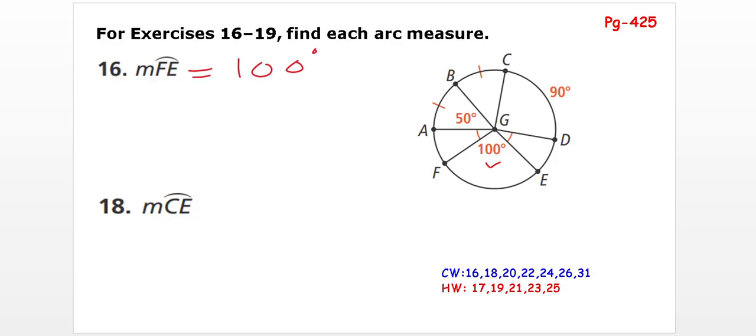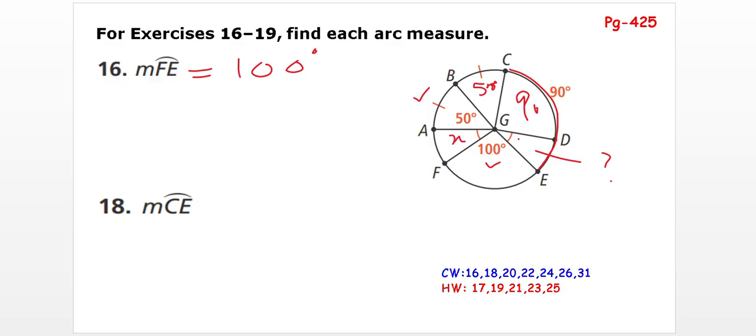To find arc CE, so where is arc CE? This is the arc CE, right? So how will you find this arc CE? Now this one is 90, and this one is 90, right? But we don't know how much is this one. So in the first step, we have to find how much is for this part. As you can see here, this arc is 50, so this one will also be 50. This angle is 90, this angle is 100, but we don't know how much is this one.